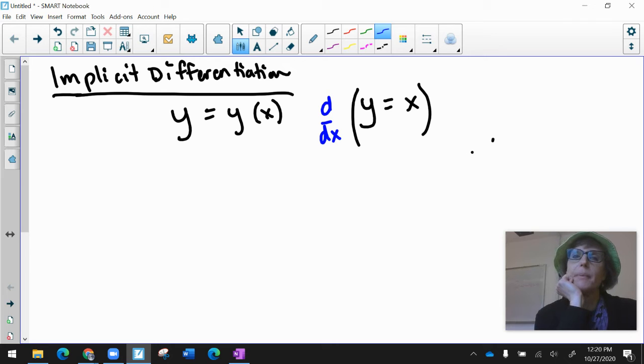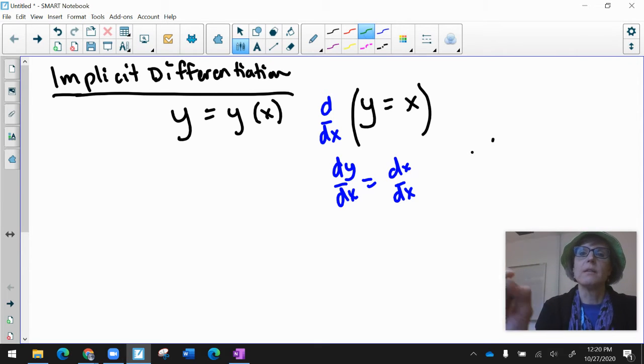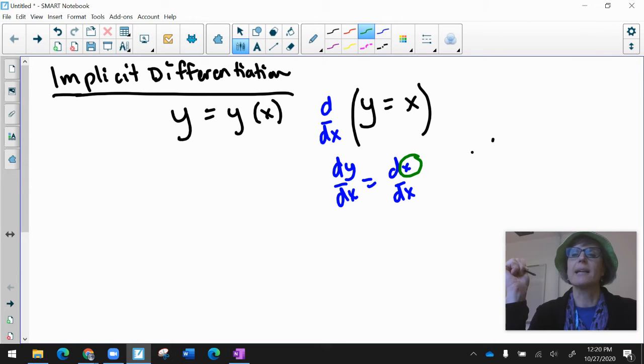And remember, an operator is just something that gives me a direction, an instruction. It tells me what to do. Now, I'm going to apply this to both sides of my equation. On the right side, the thing that I'm taking the derivative of is just an x.